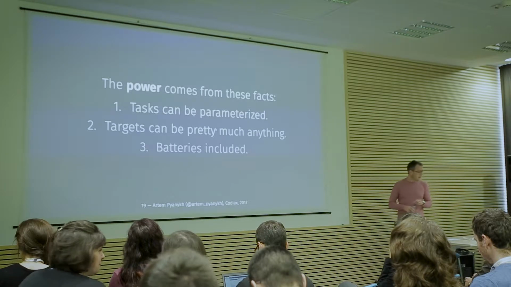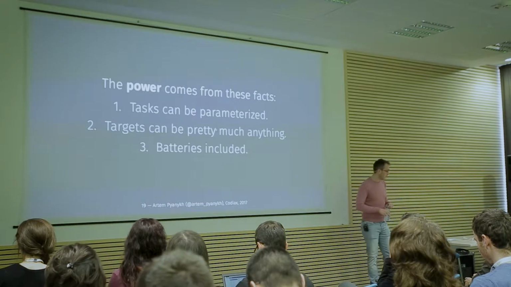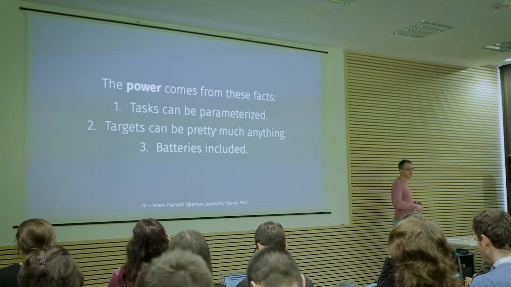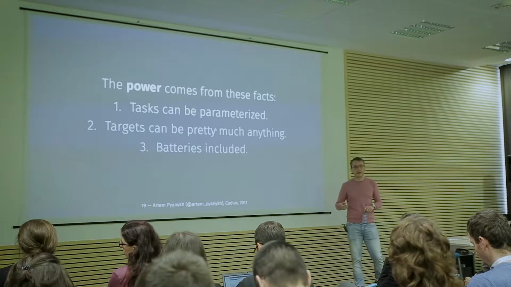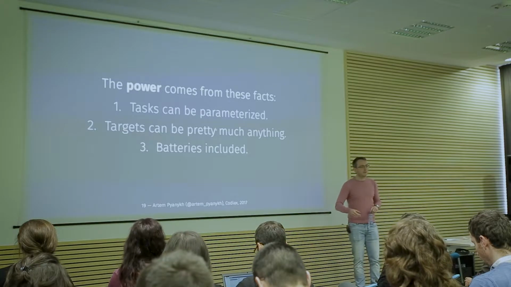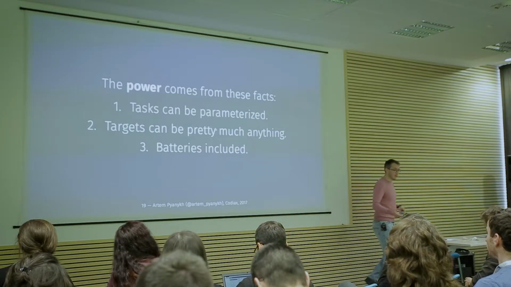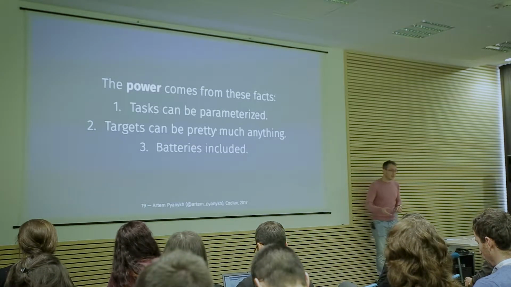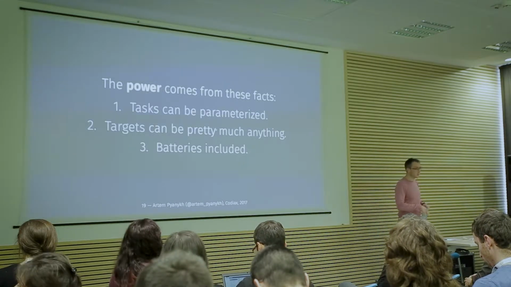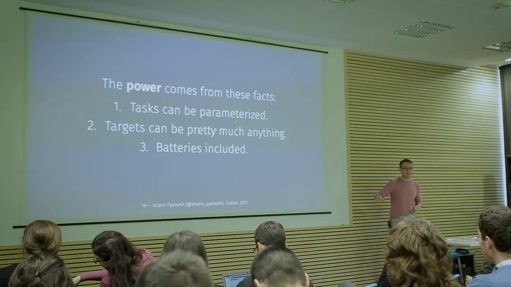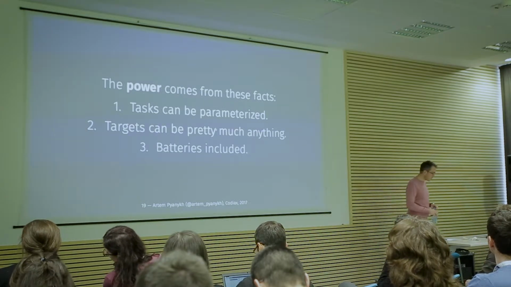So the power of this thing comes from these facts. Tasks can be parameterized. For instance, you can have a task parameterized on a date, like getting some statistics on a particular date. And this is very helpful if you want to have some historical picture of what has happened in your company.